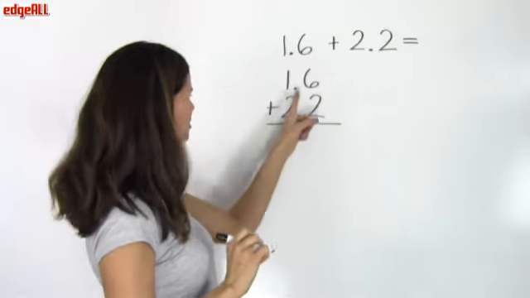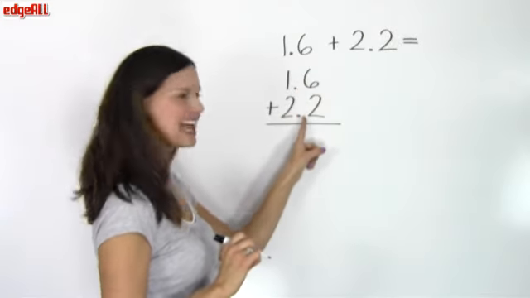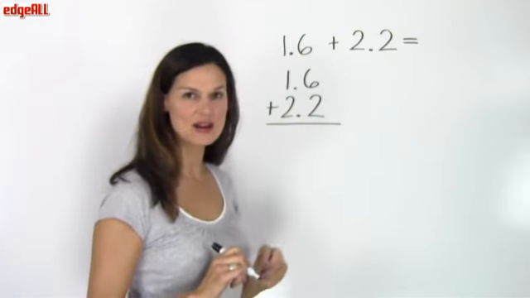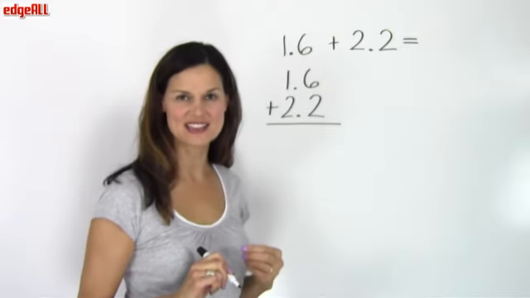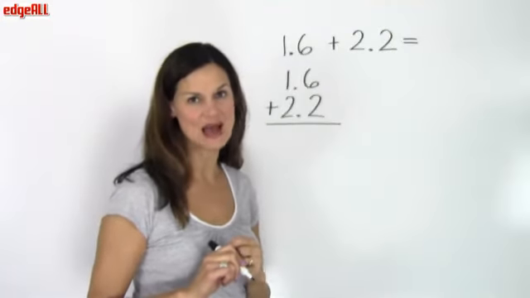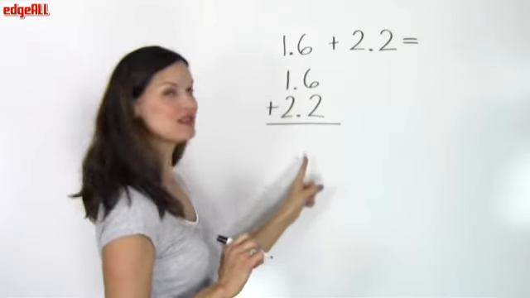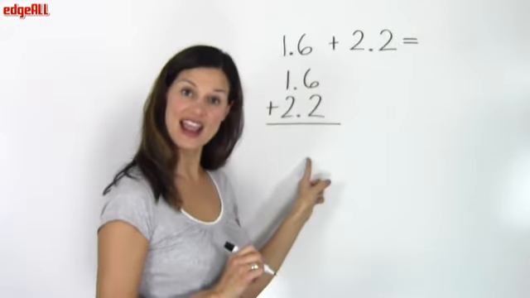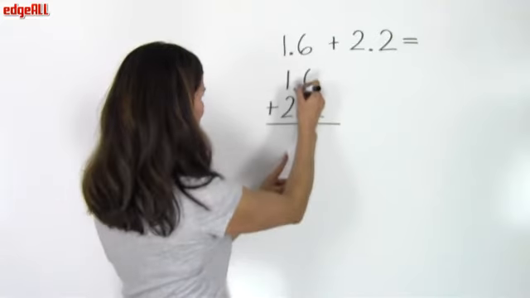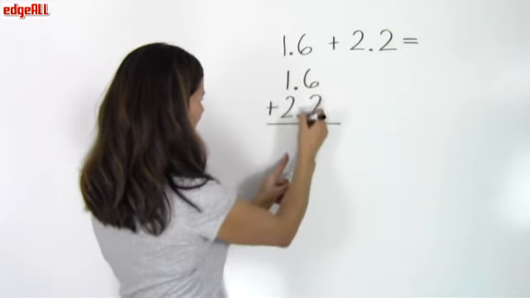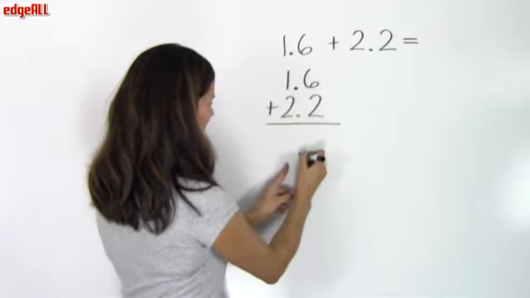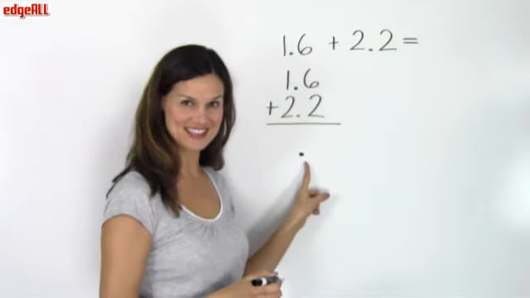And then we add them very similarly to how we add whole numbers. But we want to make sure that our decimals are lined up. It's very, very important when you're adding decimals that you always line up your decimal point. This is going to tell us then where the decimal point will go in our answer. So I can bring my decimal point right down here to the answer.